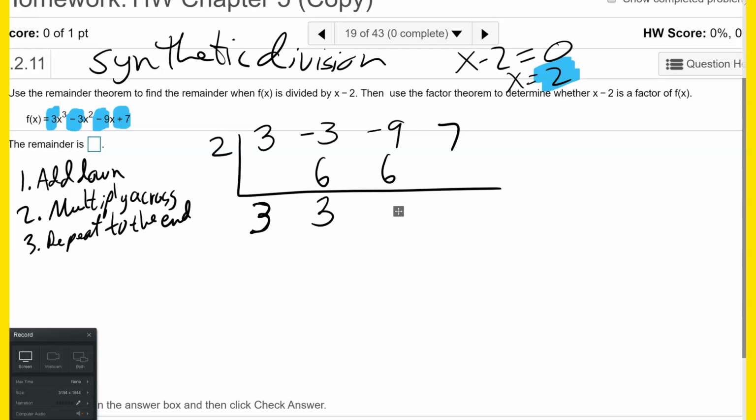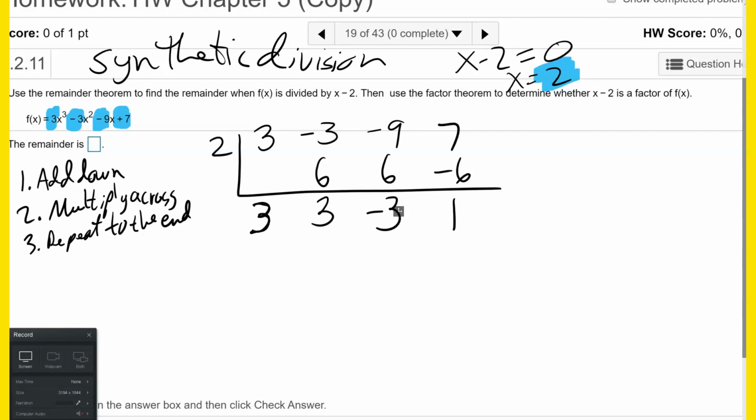Repeat again. Add down: -9 plus 6 is -3. Multiply across: 2 times -3 is -6, and I write that below the next number. Add down: 7 plus -6 is 1. And I'm done because I went all the way to the end.